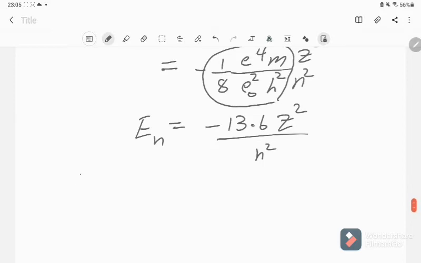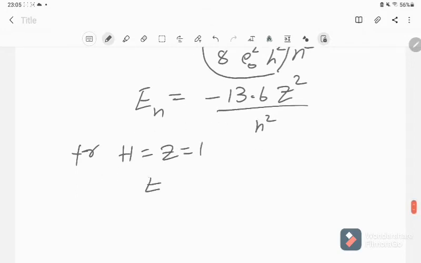Now for hydrogen, Z is 1. If you put Z equal to 1, you will get En equal to minus 13.6 by n squared.